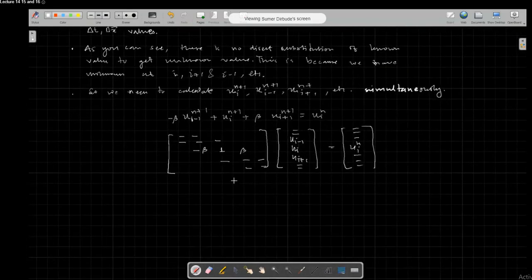So here we have to solve a matrix system of this nature, Ax equals b. So we need methods of solution, methods of solving simultaneous equations.